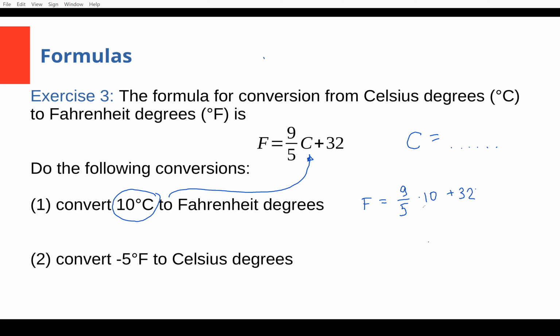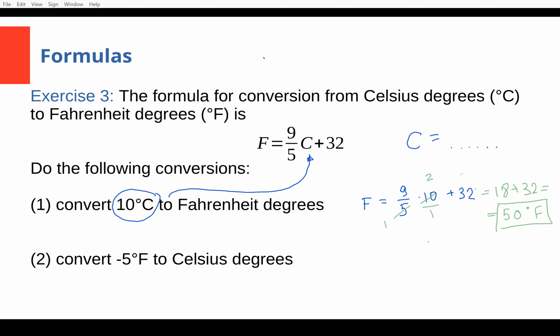Well, my step will be to cancel the 5, get 1, cancel the 10, get 2. 9 times 2 is 18, right? So it's 18 plus 32, and it gives me 50, right? Yes, you had 50. So what I can say is that it's 50 degrees Fahrenheit, right? So that will be the answer for item number 1.